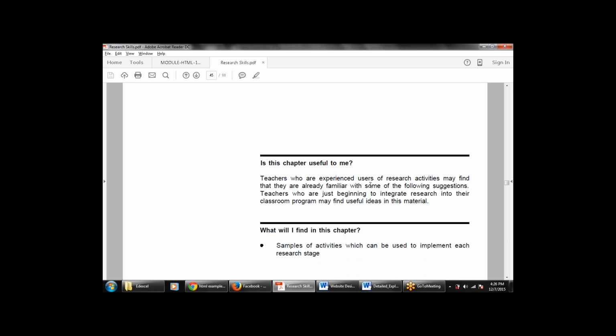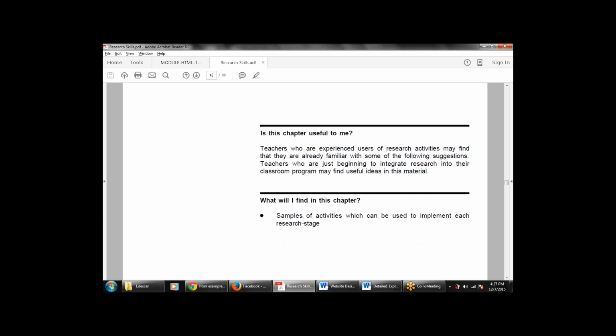Teachers who are just beginning to integrate research into their classroom program may find useful ideas in this chapter. So it depends on experience.